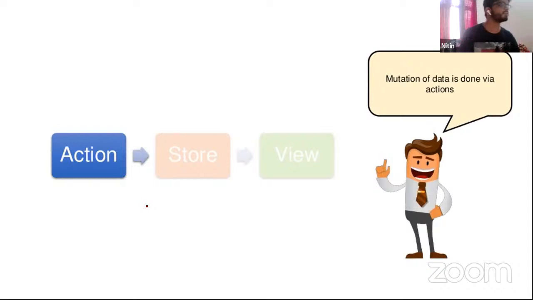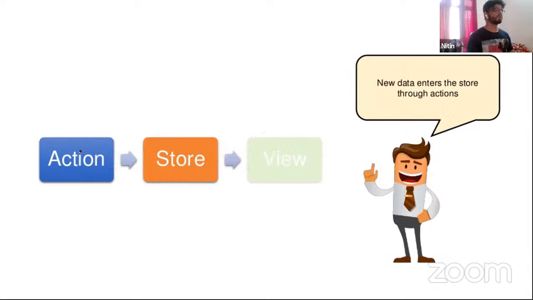Now, whenever anything happens in React, it is always an action. So whenever you do a button click or anything that you do in React is an action. So whenever you do an action, there are things that are changed. The store is basically what your code is currently.